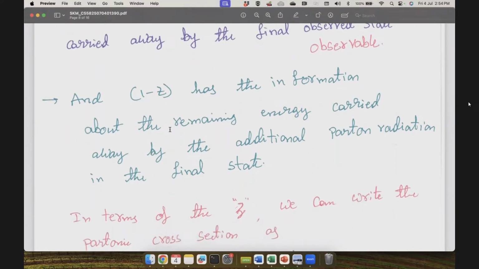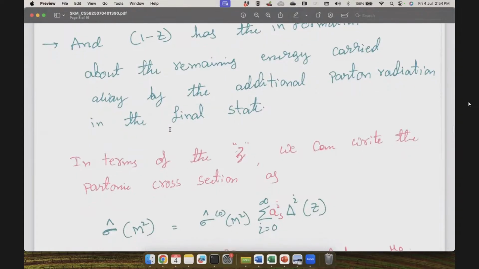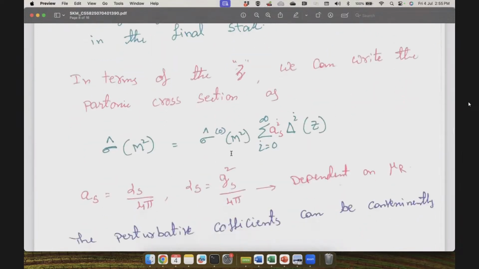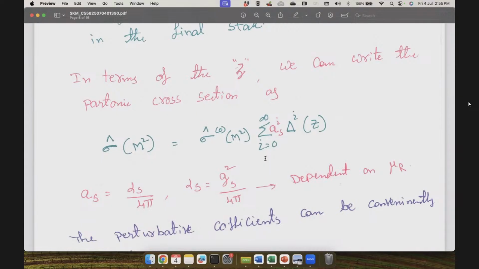As such, there are no dynamics in this scenario. So in terms of this z variable, we can write the partonic cross section once again. We look into the parton level cross section when we expand, using the asymptotic expansion. If I want to write sigma hat, which is a function of your observable final state mass, m squared, where m is the mass of the Higgs for the case of Higgs production, and m is the mass of the Z boson for the on-shell Z boson case.